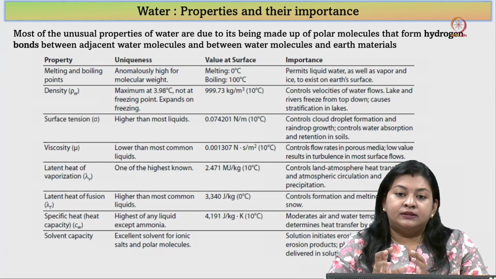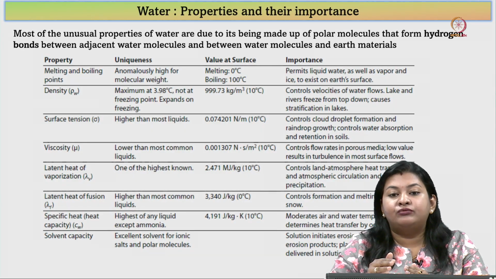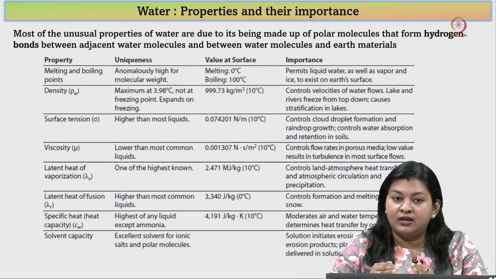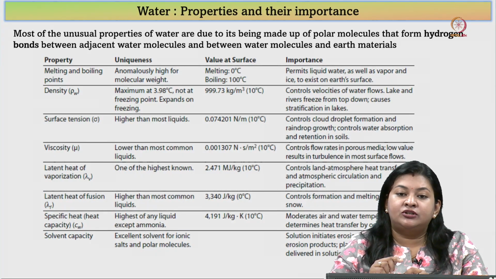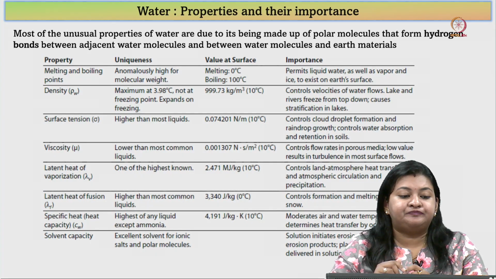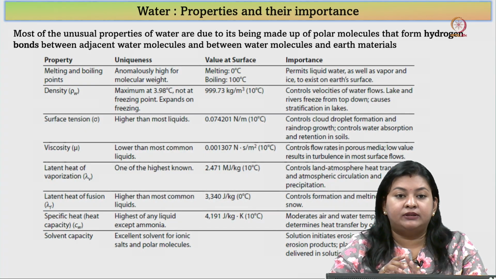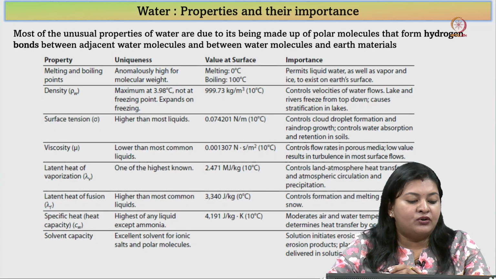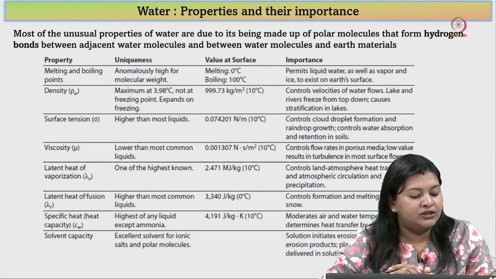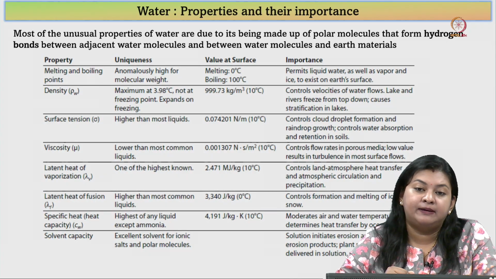Now, we need to understand these properties because of the particular composition of water, that is hydrogen and oxygen, and the bond that is formed between oxygen and hydrogen. The unusual properties that I am going to speak about are melting and boiling point, density, surface tension, viscosity, latent heat of vaporization, latent heat of fusion, specific heat capacity and solvent capacity.